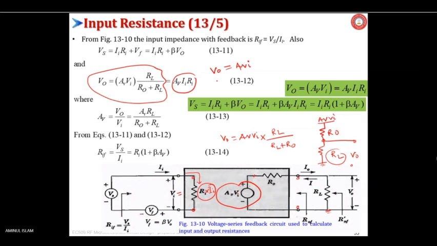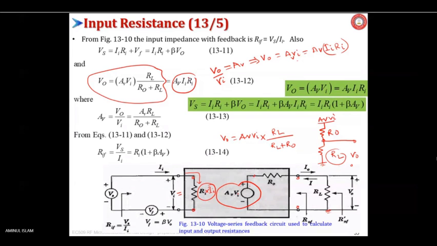VO by VI equals AV, and hence VO equals AV VI, and VI we know is II into RI.